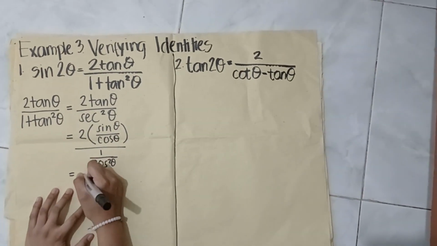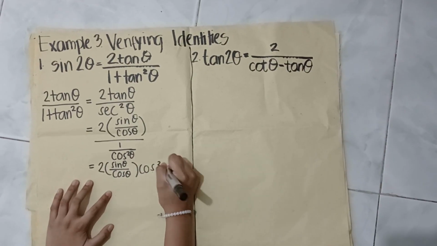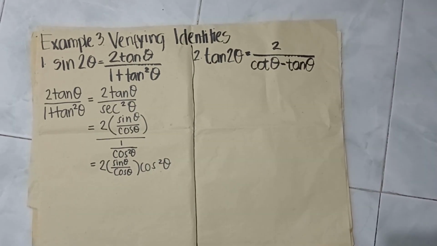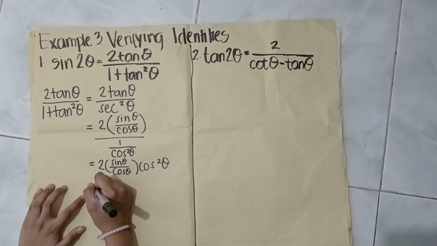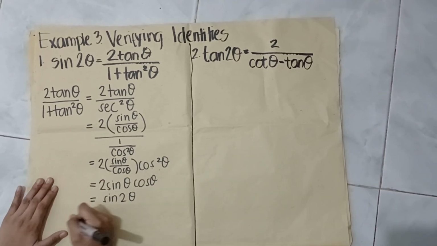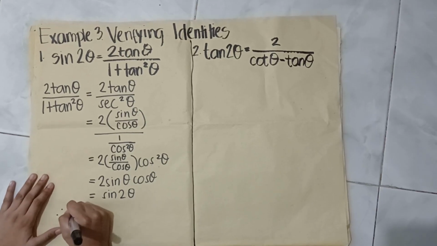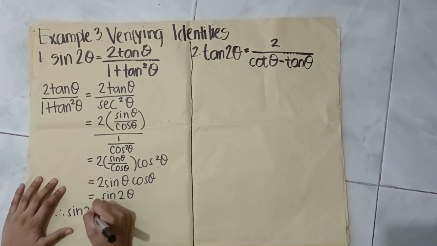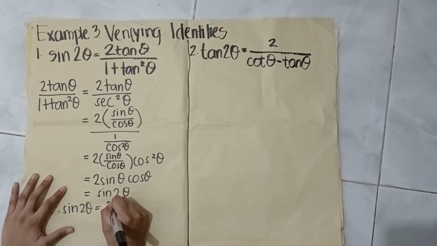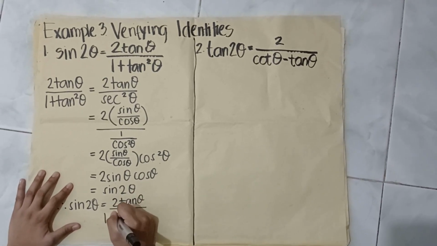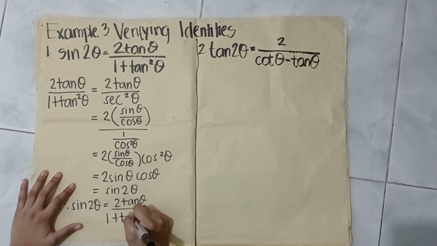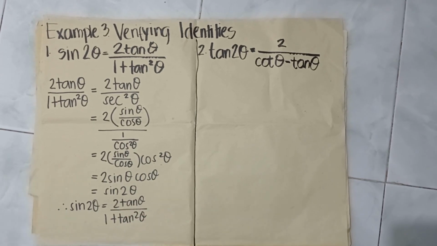We simplify. Then, from the double angle identity for sine. Therefore, sine 2 theta is equal to 2 tangent theta over 1 plus tangent squared theta.